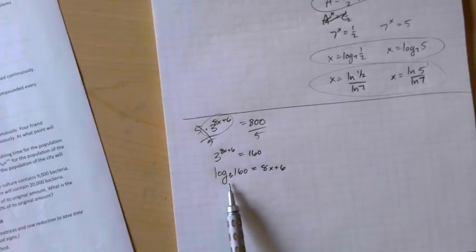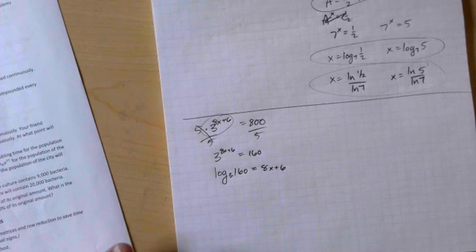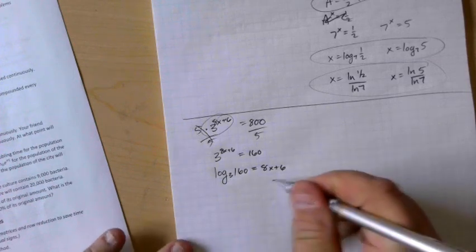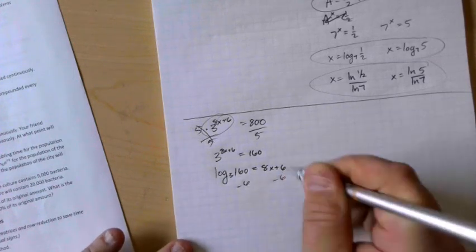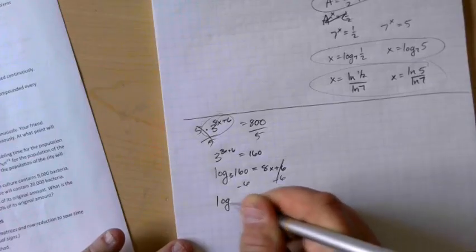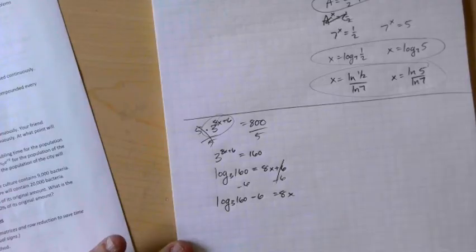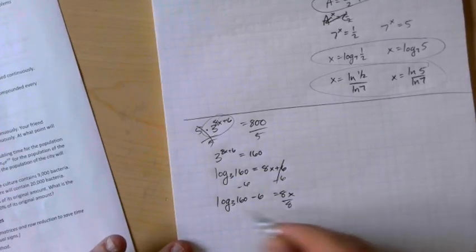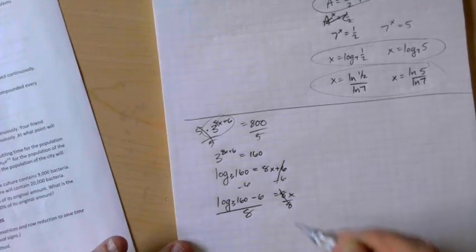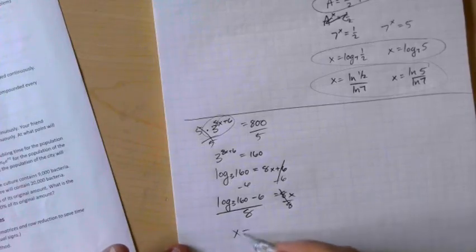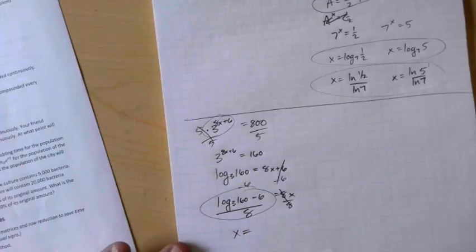I don't know what that number is, but I can put it in my calculator. So I'm going to subtract 6, and that'll be gone. So log base 3 of 160 minus 6 equals 8 times x. Then I'm going to divide that whole thing by 8, and I get x is equal to that. Okay, so I could type that in my calculator.